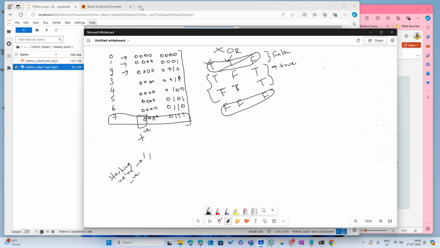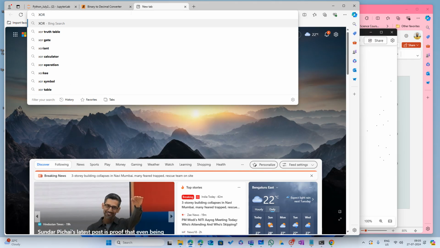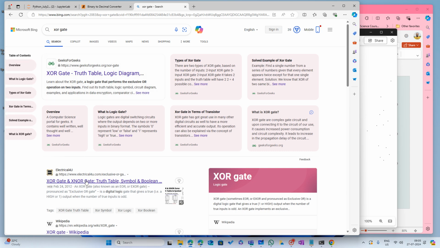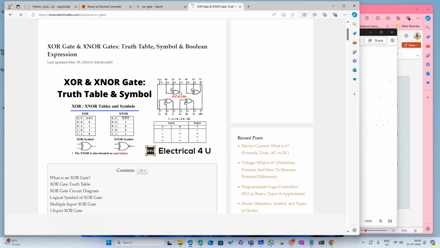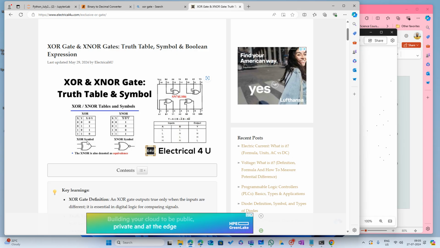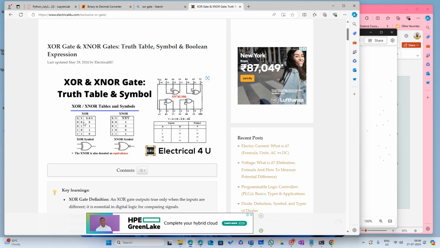If you want to know even in depth, the XOR gate is a combination of two different gates. You have to understand how they have designed the XOR gate. They have taken the OR gate and made certain changes to get these values.